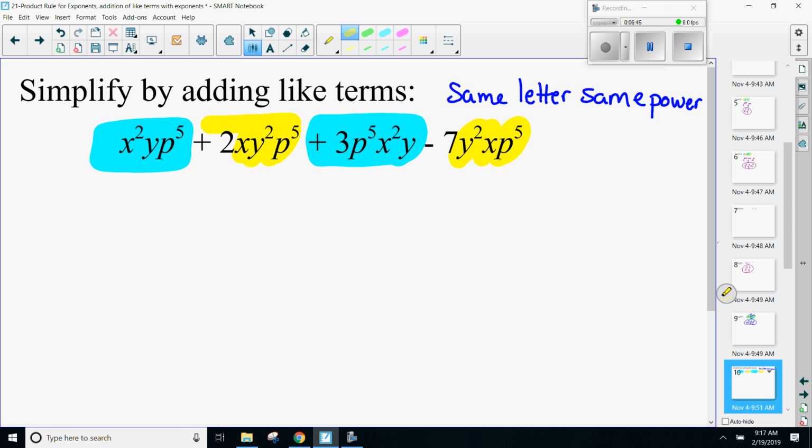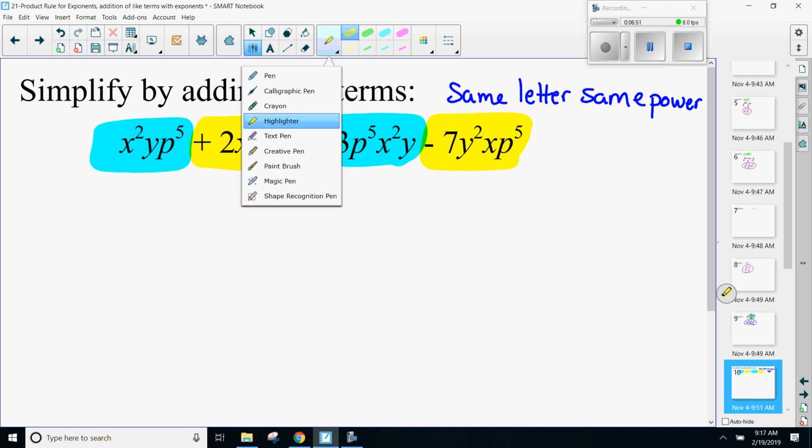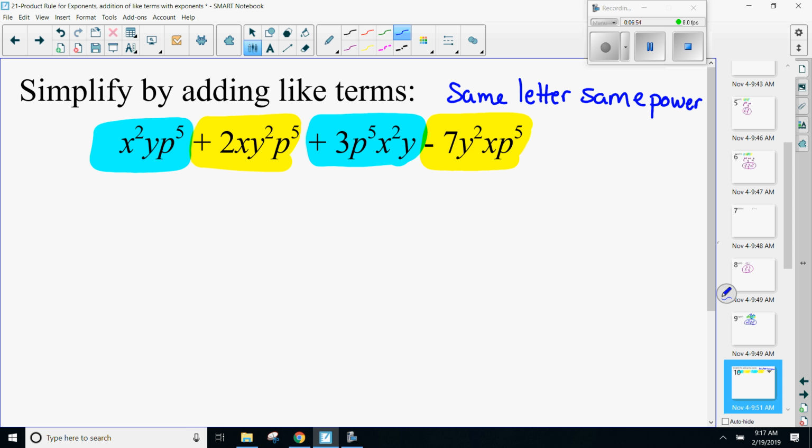So these two are like terms. Now when you work with like terms, this is understood to be a 1 right here. All you're going to do is take 1 plus 3, which is 4. Keep those letters the same.